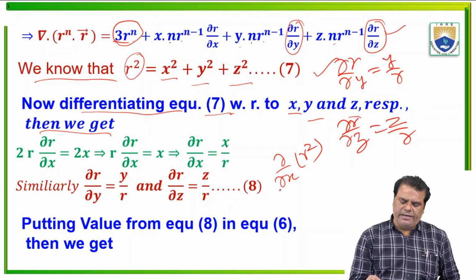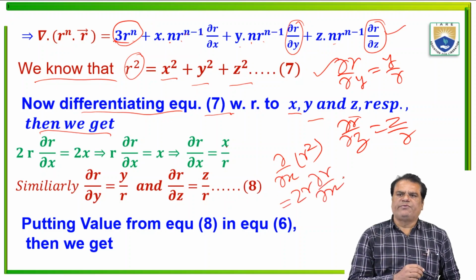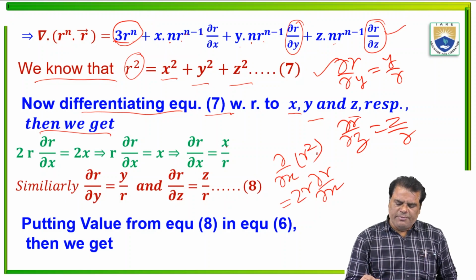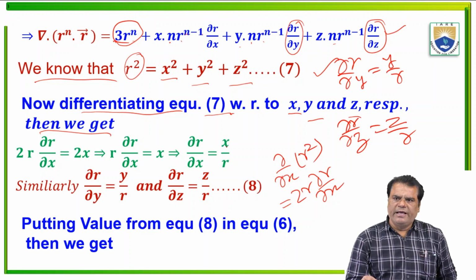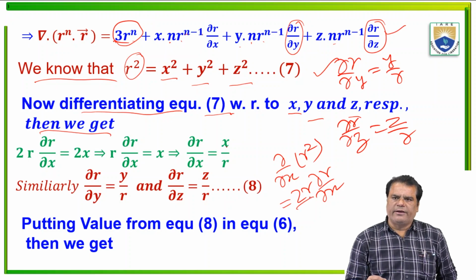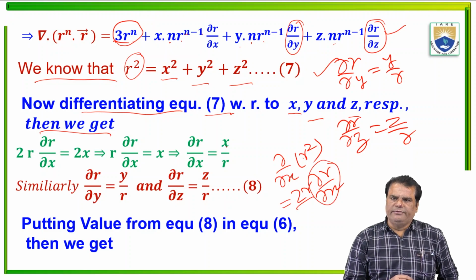So what is the formula here? 2r and ∂r/∂x. First we apply the power formula, x^n and x^(n-1). So we are writing here 2r and r^(2-1), 2r. Again differentiating r with respect to x, so we get ∂r/∂x partially. y, z are constant here.